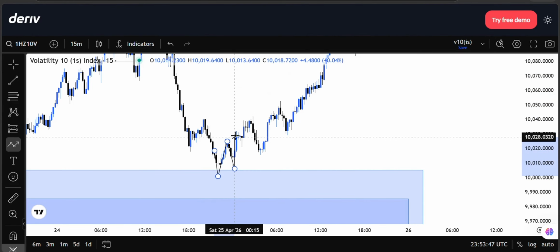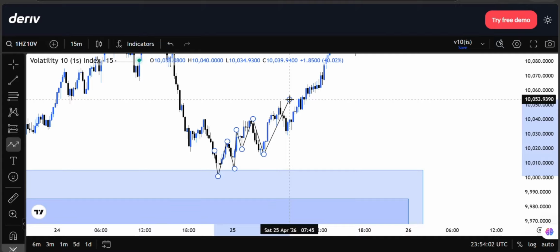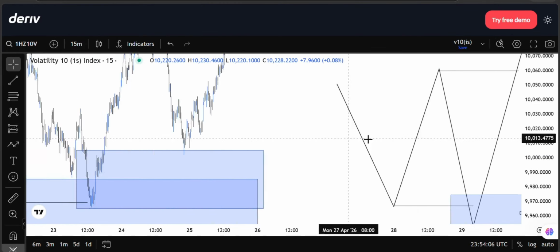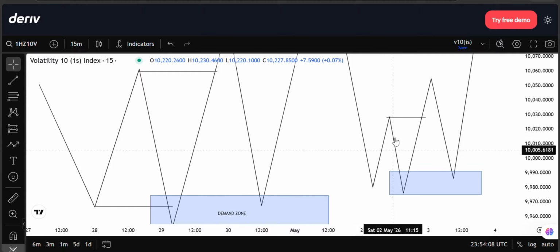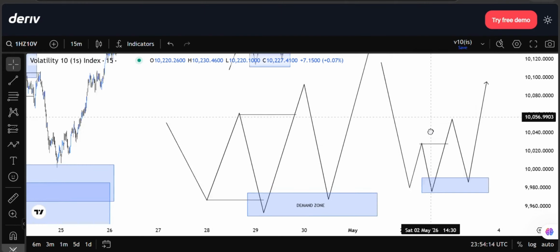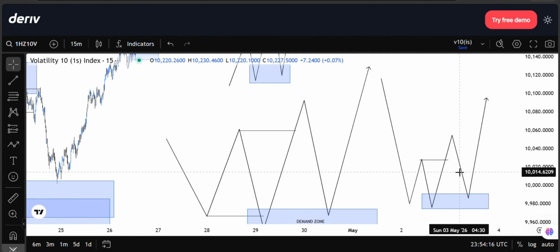So now we have this change of character. Price broke this previous high and created another high. You have that change of character, and then price retraced, and then it bought. Now remember, this is our entry model. We're waiting for a change of character, price retracing to our zone, and buy. So this was a sell move, and then that's a model.